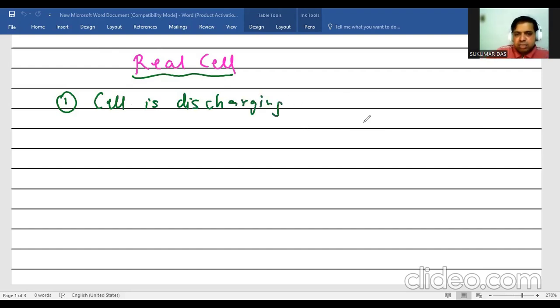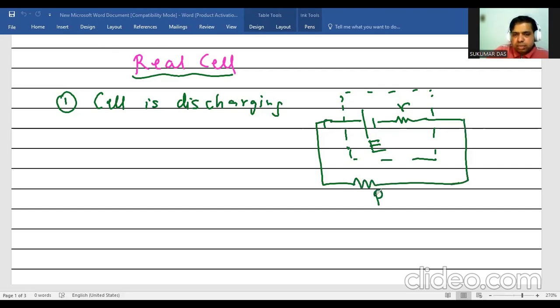So whenever it is discharging, that means it is supplying current. If this is the EMF, and this is the r, let us draw the boundary of this cell, and this is supplying current through some external resistance, which is also known as load resistance.